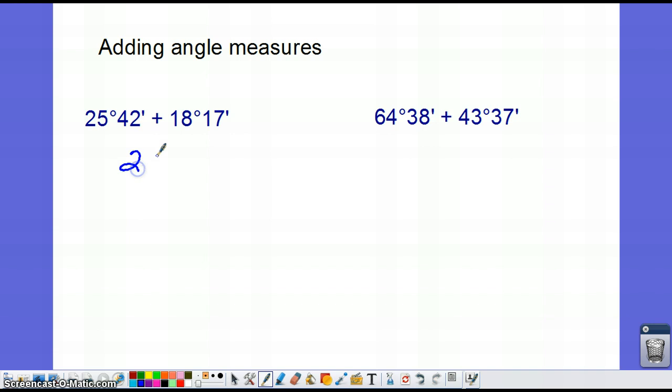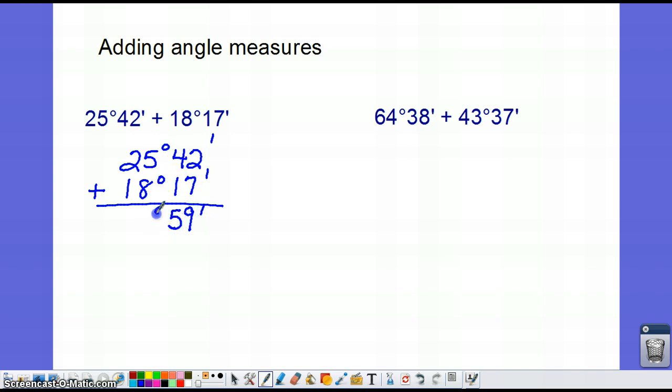I'm going to start by writing the problem vertically. 25 degrees, 42 minutes, plus 18 degrees, 17 minutes. And then we can go ahead and add. 2 plus 7 is 9. 4 plus 1 is 5.